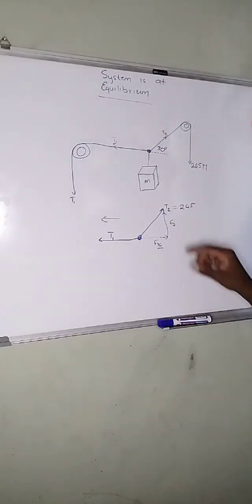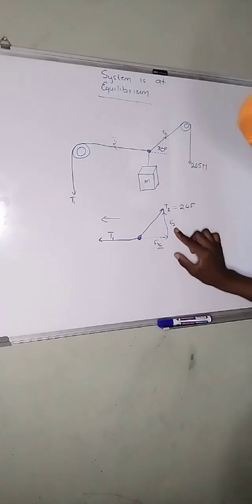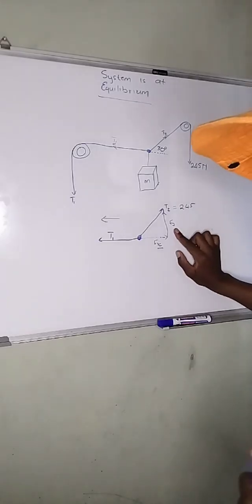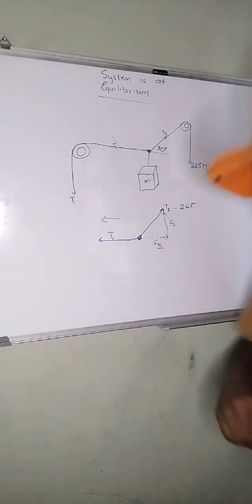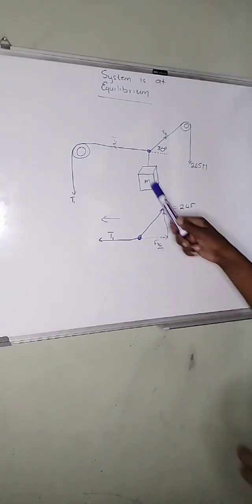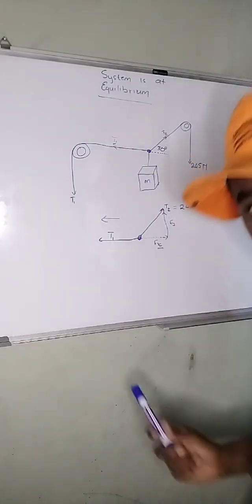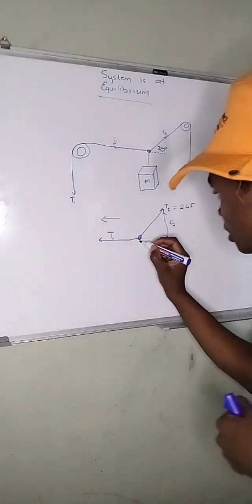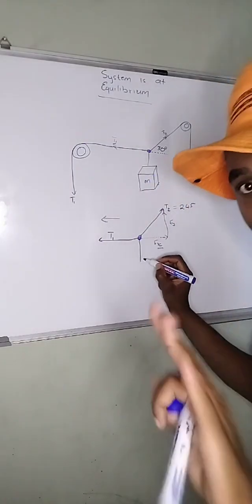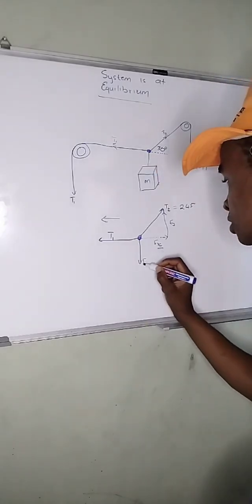What is the force that is going to be used to balance Fy there? Thank you. It's going to be Fg, or you can say the tension downwards. But for the sake of argument, let's use Fg.